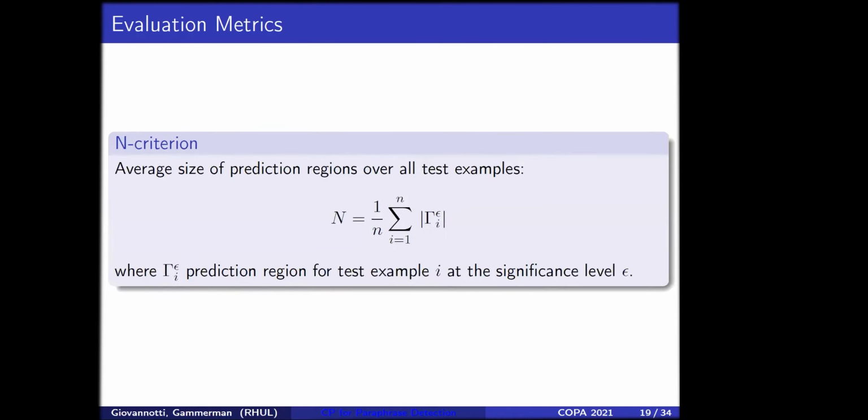And the N criterion instead measures the average size of the prediction sets at different significance levels. So for each significance level epsilon, we can calculate what's the average prediction set size and see how it varies and how quickly it grows towards 1.